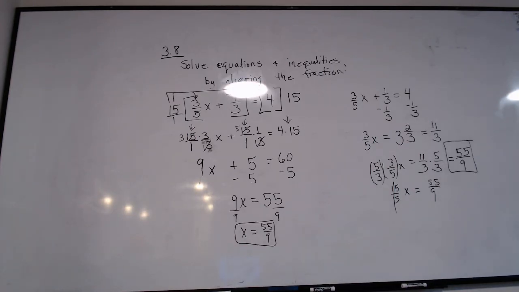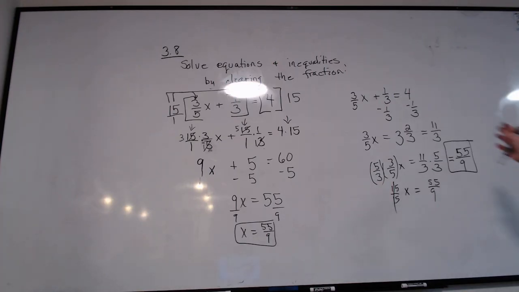You can choose which way you want to do it. But today we're gonna practice clearing fractions just so you can get used to that, okay? If you want to do it like Med just did it, it is absolutely fine. That works. But if you want to clear the fractions, that also works, okay?